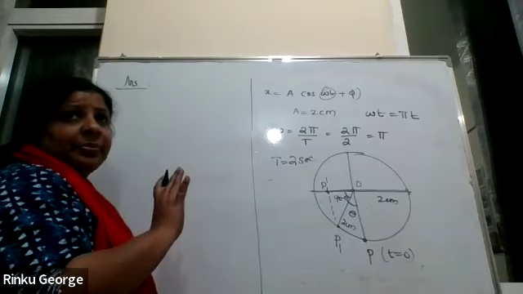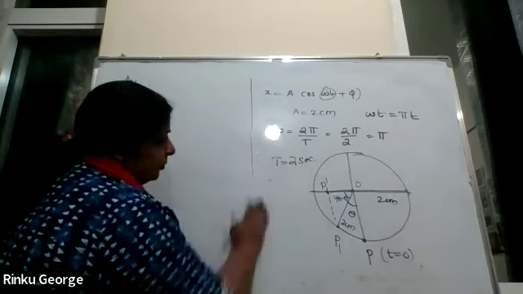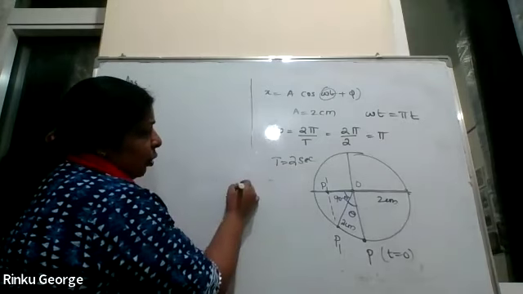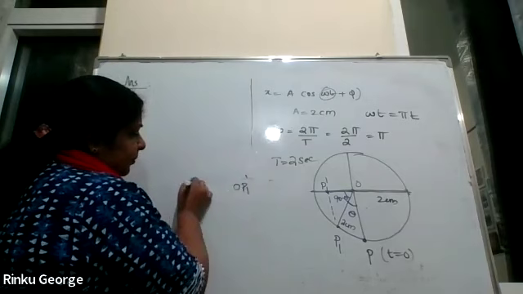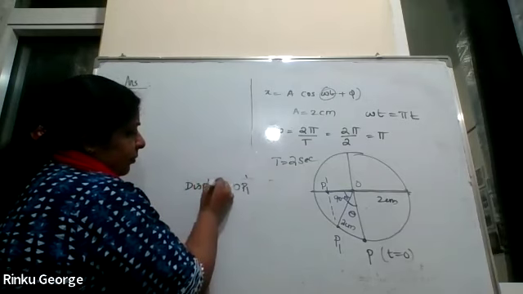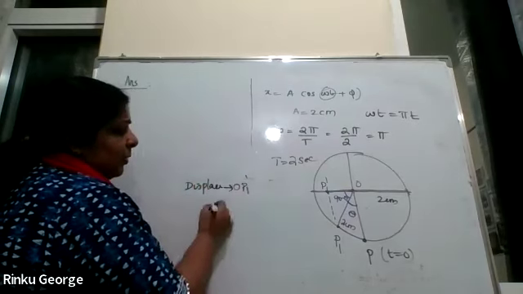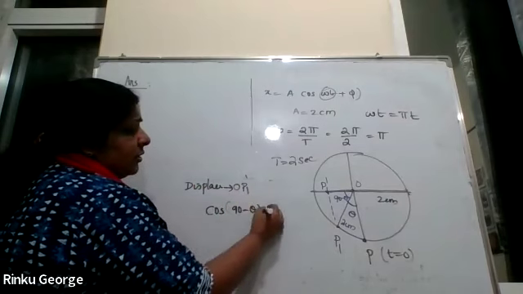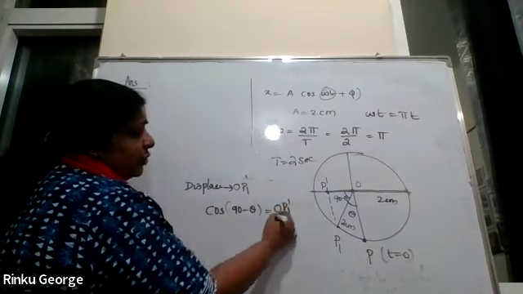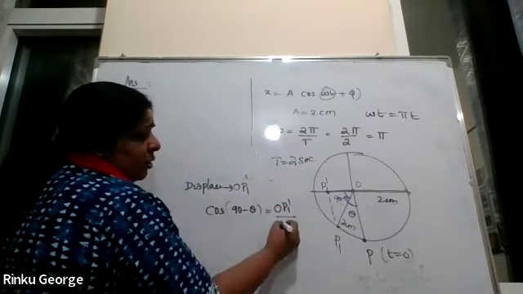Here OP1 dash is the displacement. So cos of 90 minus theta is OP1 dash by hypotenuse.